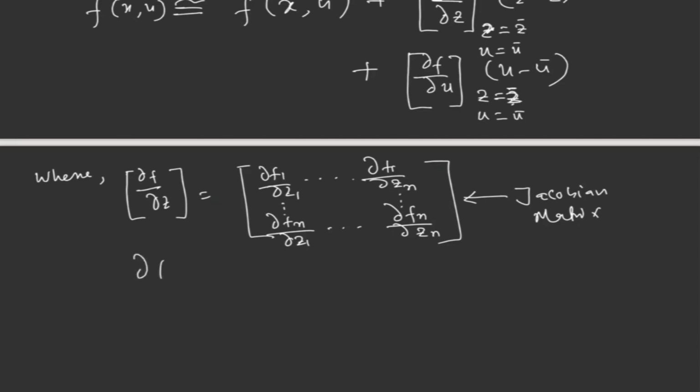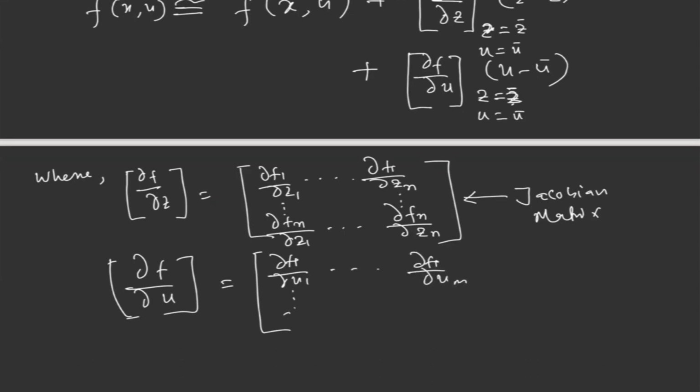And here, the partial derivative of f with respect to u has entries partial f1 by partial u1 up to partial f1 by partial um, and partial fn by partial u1 up to partial fn by partial um. The dimension of the u vector is m here, so it goes up to the mth partial derivative.